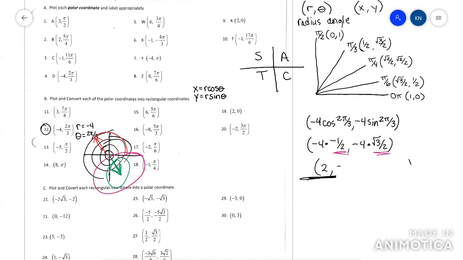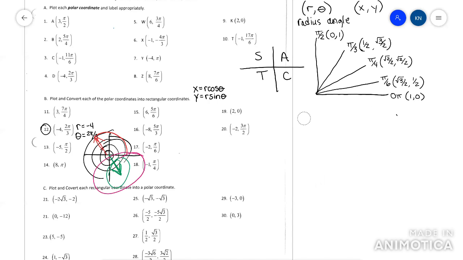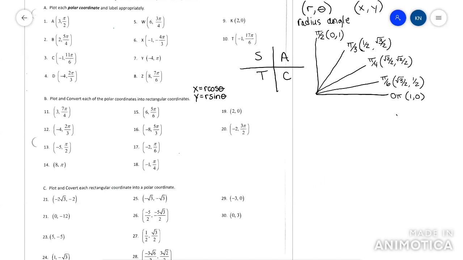All right, let's look at one more, and then I'll show you how to convert it the other way, which in my opinion is a little bit more difficult. But let's look at number 19. This is a quadrantal, 2 comma 0. Your r is 2, your theta is 0 pi. So it'd be r cosine theta, r sine theta.